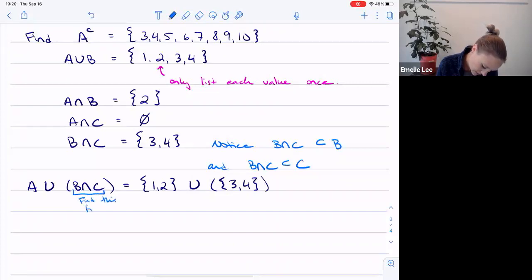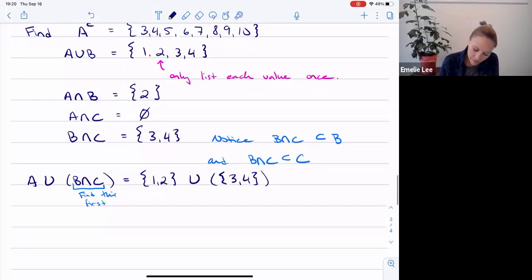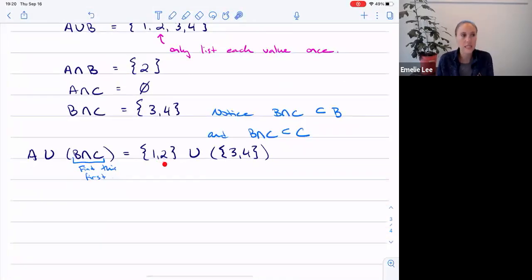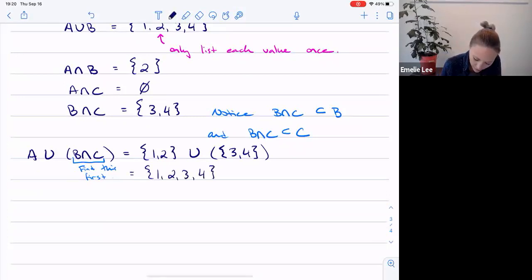So if we're interested in 1, 2, or 3, 4, the set that we end up with is going to be 1, 2, 3, 4, because it can be in any one of those values.